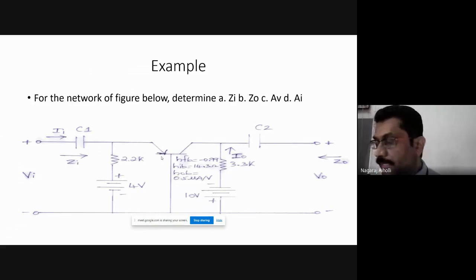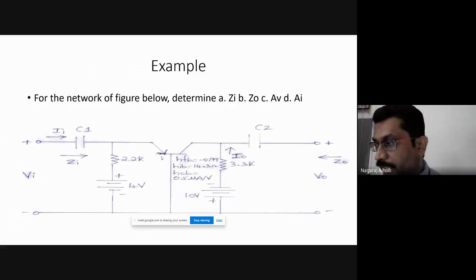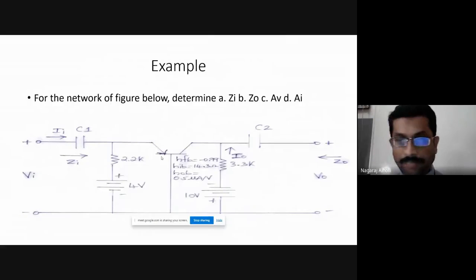It will be 229.91 approximately. Yes, sir. 229. Correct, no? Fine. 229.91. Okay. All of you cross verify your answers. The voltage gain value will be 229.91.